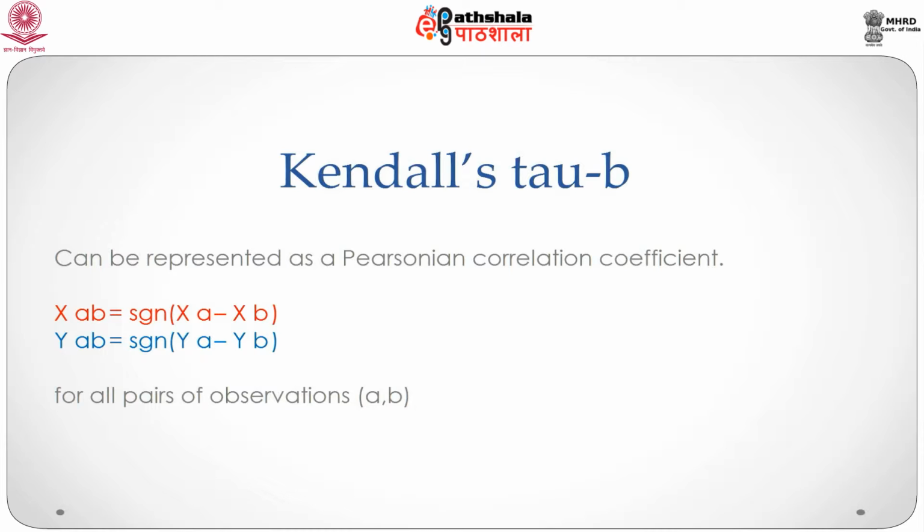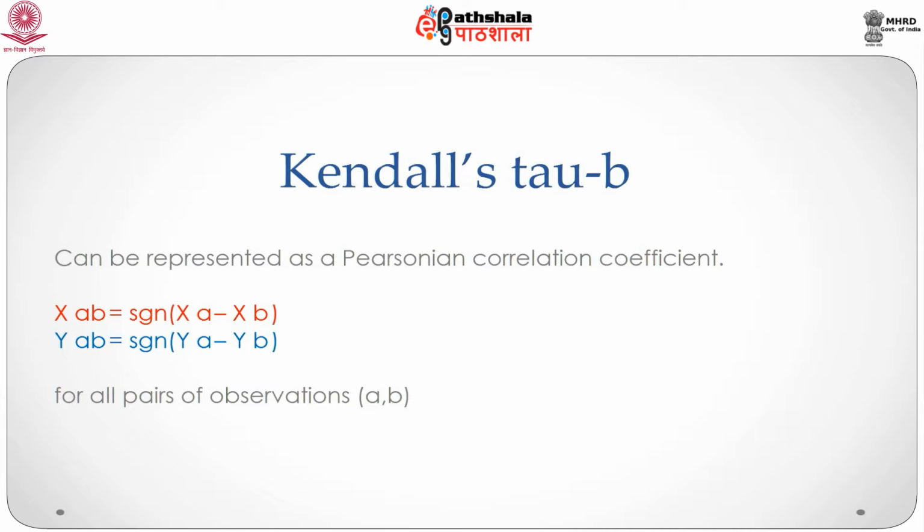Now, if we look at the n into n minus 1 ordered pairs of observations a, b, assuming that a is not equal to b, it is possible to show that the summation of x_ab y_ab over a not equal to b is twice C minus D, where C denotes the number of concordances and D denotes the number of discordances.